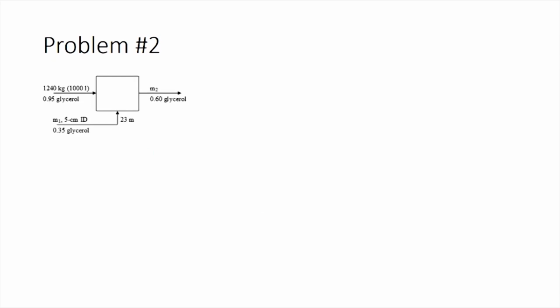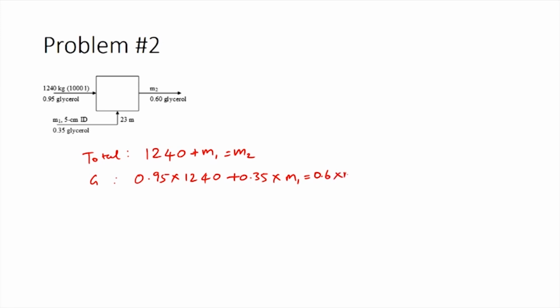Now that we have calculated the mass of the mixture which is coming in, we can perform simple material balance calculations to identify the mass of 35% glycerol which needs to be fed and the mass of 60% glycerol which will be produced. For that we can write a total mass balance: 1240 plus M1 is equal to M2. We can also write a glycerol balance: 0.95 times 1240 plus 0.35 times M1 is equal to 0.6 times M2.